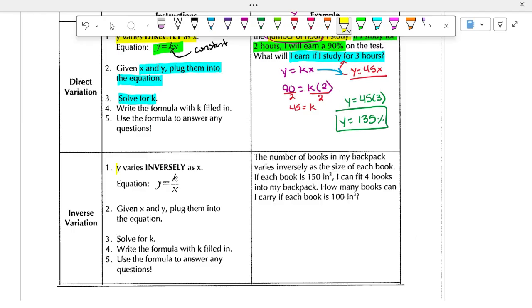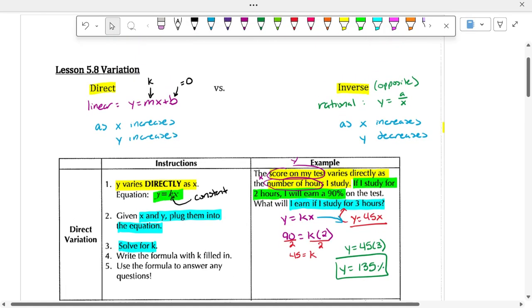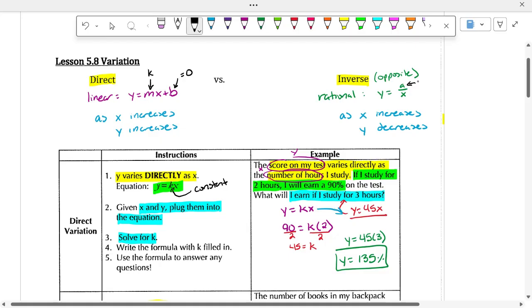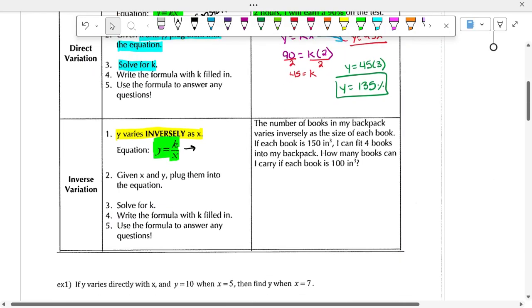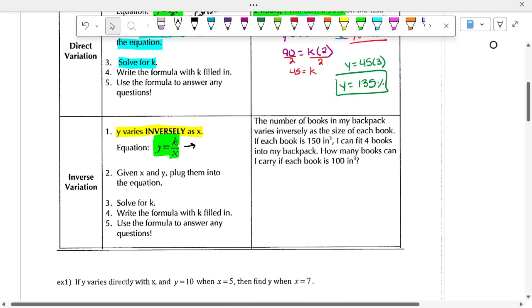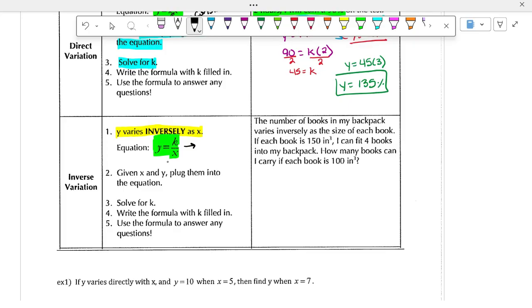Now, inverse, you'll see y varies inversely as x. Now, this is the formula right here, so y equals k over x, so it's a rational function. So that means if I go up here, a would be k. Now, what I tell students a lot is this can be a little bit confusing, especially if you don't know which one's x and y.